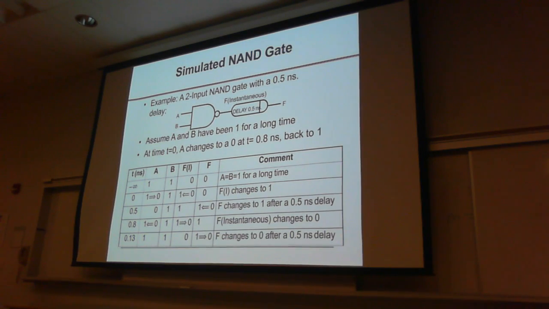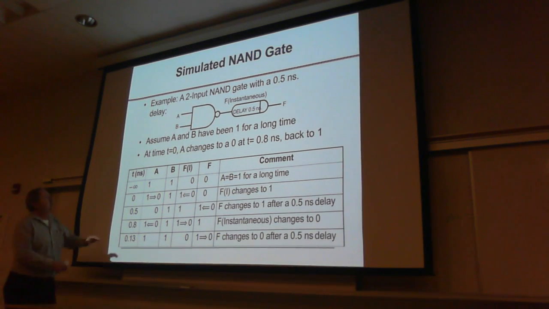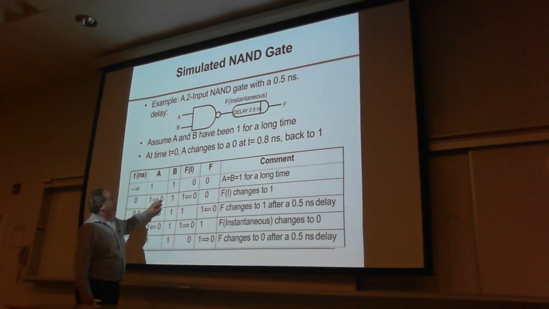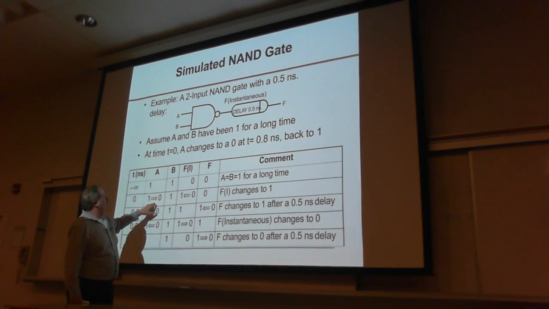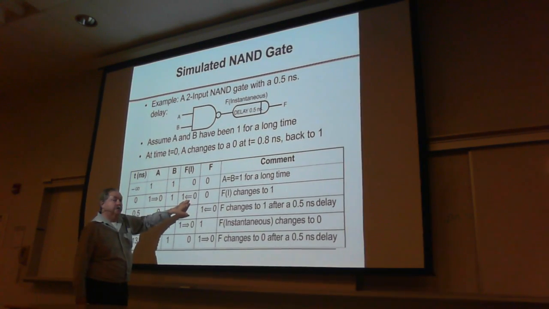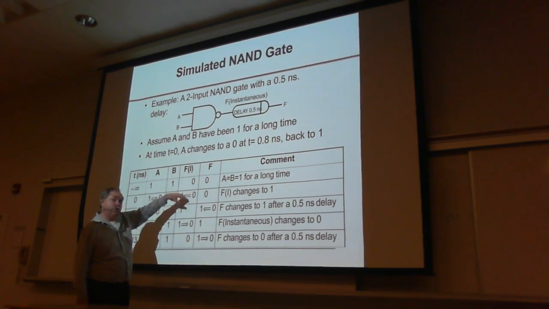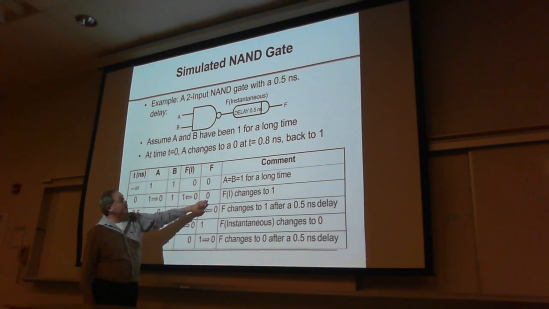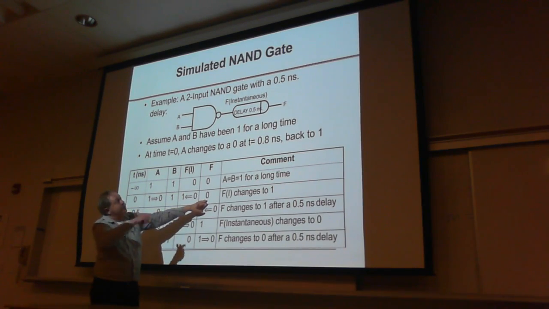What's going on there? I said up here, time 0, I'm just fine. Everybody's happy, although I took away A, my instantaneous F immediately went to a 1 because it took away one of the legs, but F still stayed at 0 because I got that 0.5 nanosecond delay.